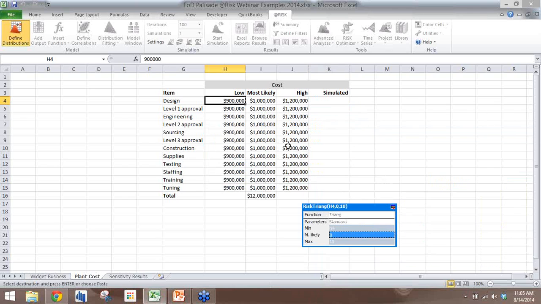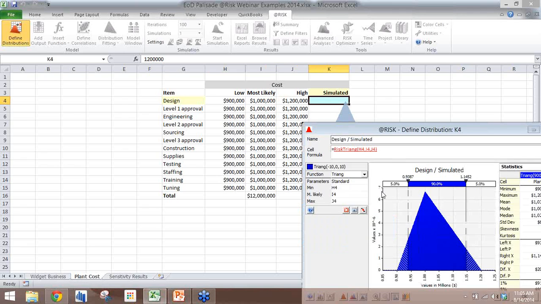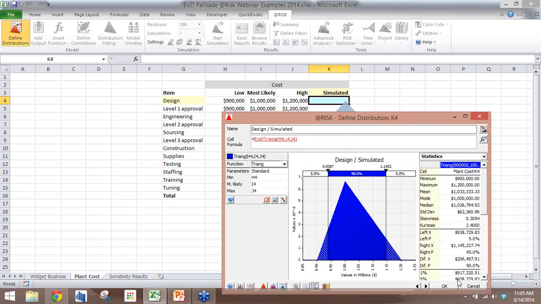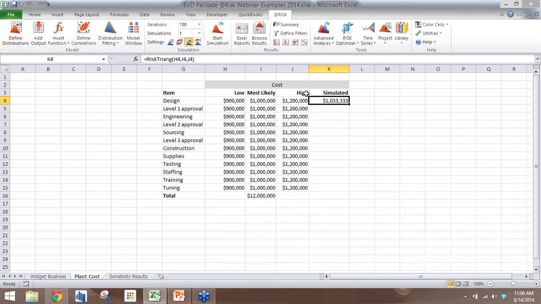I'm going to specify that cell for the low value, that cell for my most likely value, this cell for my max value. Put those back into the formula. You can see these cell references here. I'm going to choose OK. The actual simulated value, which is returned dynamically in the formula from @RISK, is actually $1.033 million.